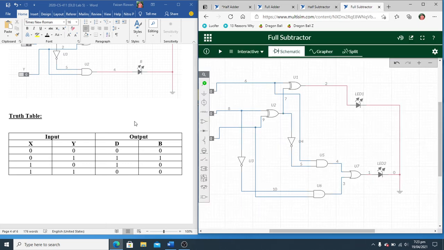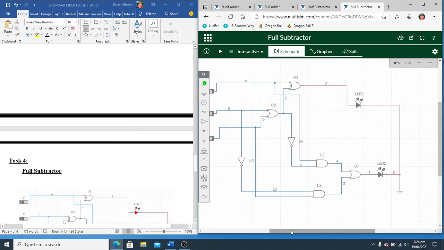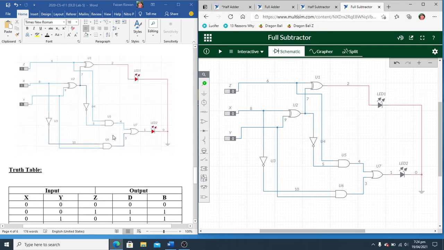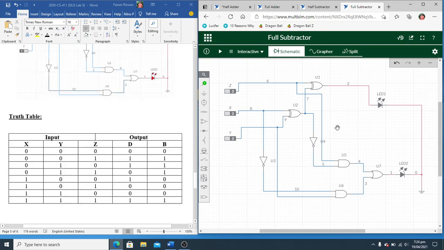Now we will move to the full subtractor. Full subtractor consists of two NOT gates, two XOR gates, two AND gates and one OR gate, two LEDs, a ground and the inputs.